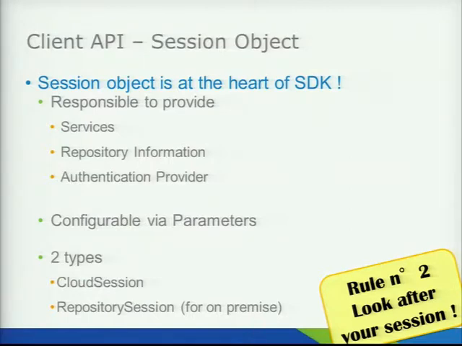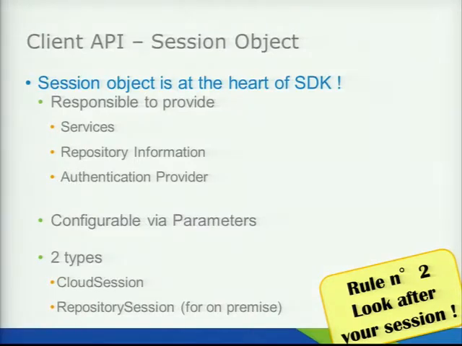The session is configurable via parameters, via settings, so you can pass a map that can contain some information. For example, the download folder where we must save all this information, the cache information.